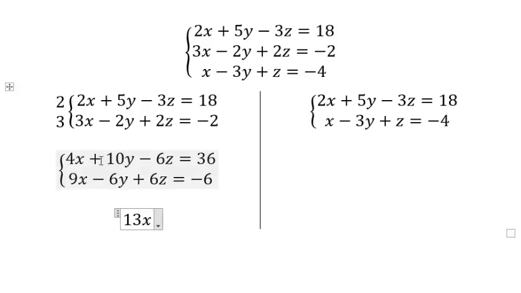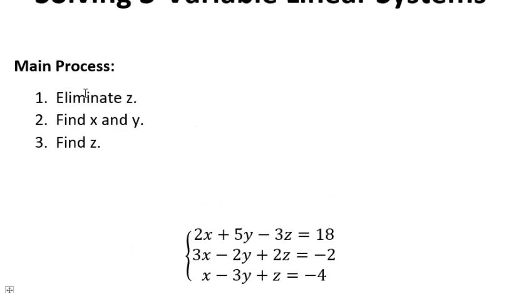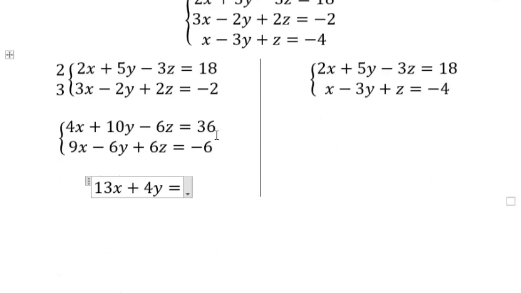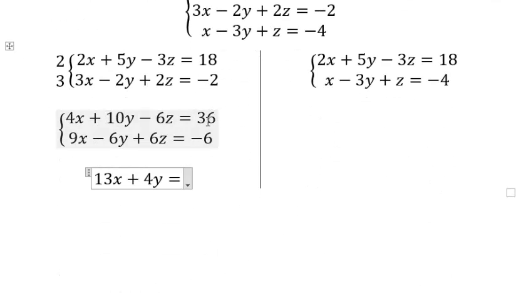Okay. 10y minus 6y, that will give me 4y. Minus 6z plus 6z, that's gonna give me 0. So I'm not gonna put the z because it disappears. Remember, that's the first step. I'm trying to eliminate z. Okay, and finally 36 minus 6, that will give me 30. Okay, that will be my first equation without z.